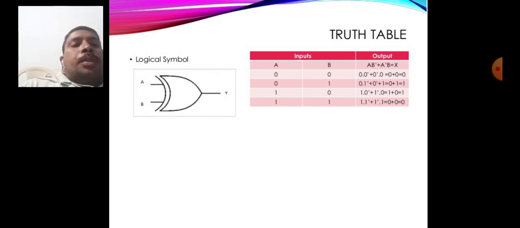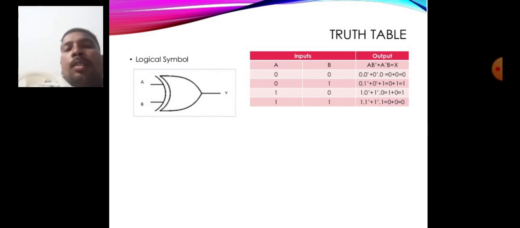The output will be 0. If the two inputs are high, the output will also be 0. That means in this special case of the XOR gate, if the two inputs are both high or both low, the output will be low, that is 0.